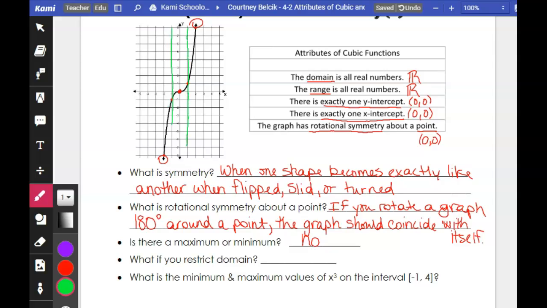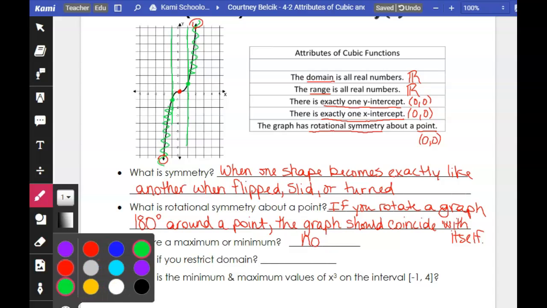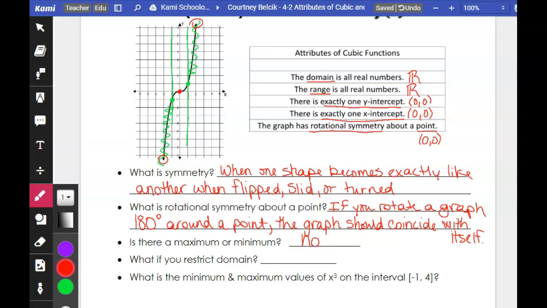Only from here to here, and all this other stuff doesn't matter. So we're just talking about this stuff in the middle. Well then, yeah, there's a minimum value right here. There's a maximum value right here. And so if you restrict the domain, then yes, you do have maximum and minimum values because you don't have arrows that continue on forever.